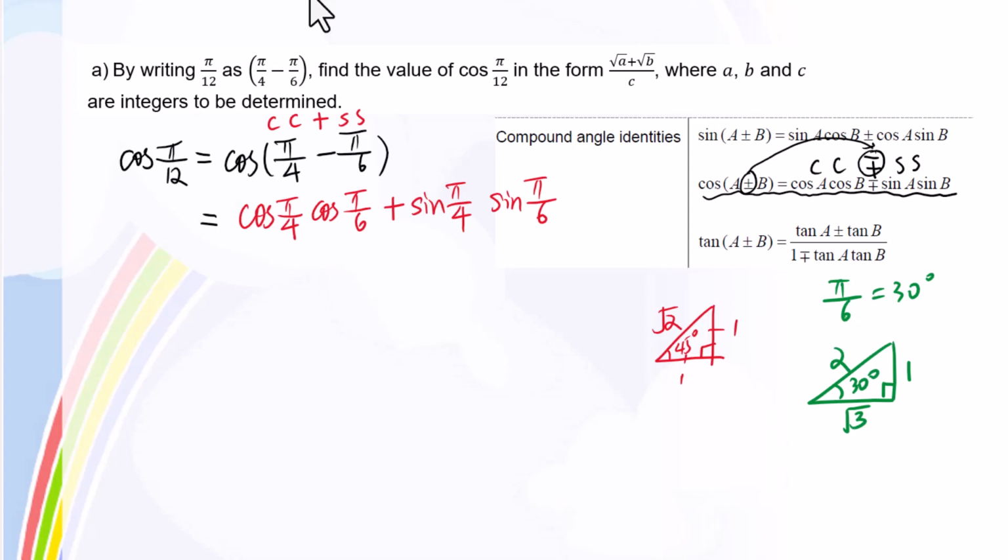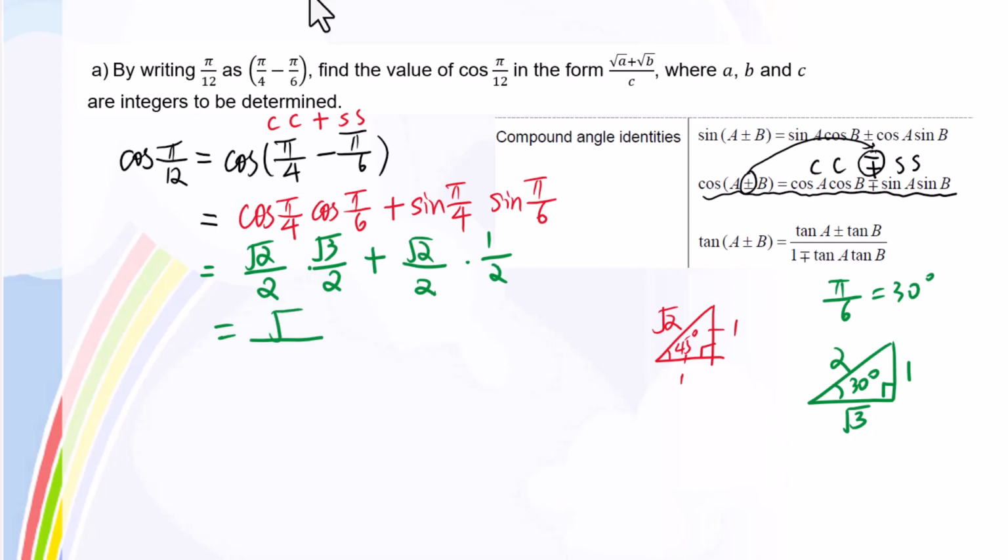From these two diagrams, we can see cosine pi over 4 is 1 over square root of 2, which is square root of 2 over 2, times cosine 30 degrees, which is square root of 3 over 2, plus sine 45 degrees, square root of 2 over 2, times sine pi over 6, which is 1 over 2.